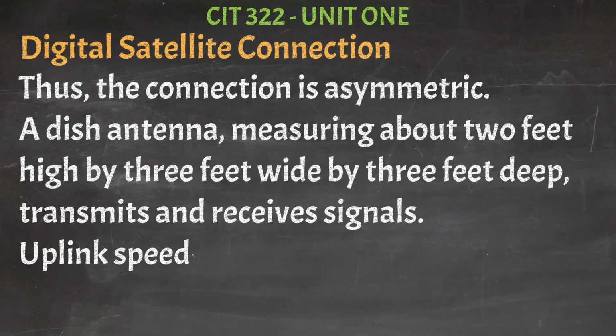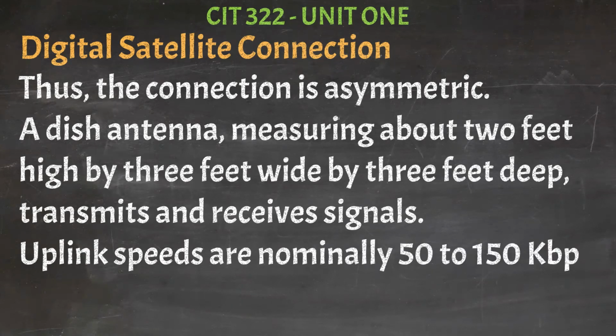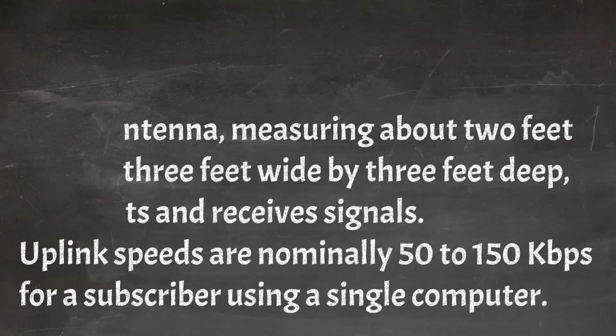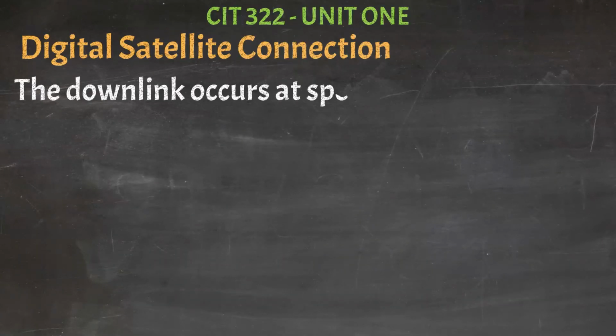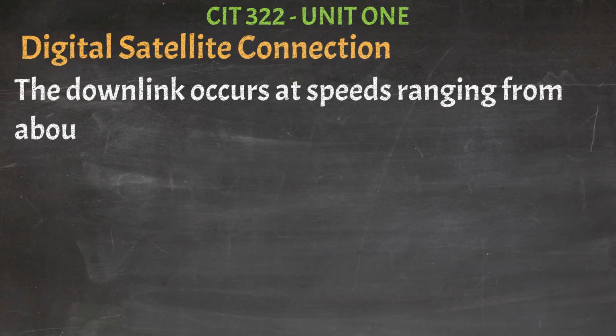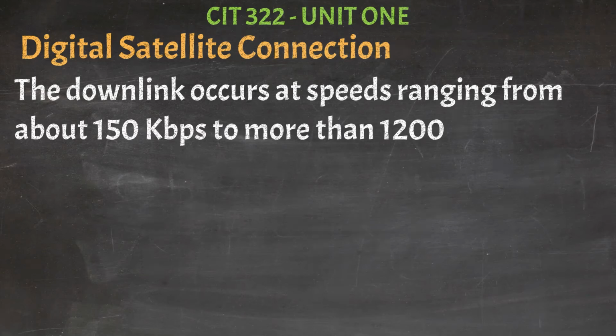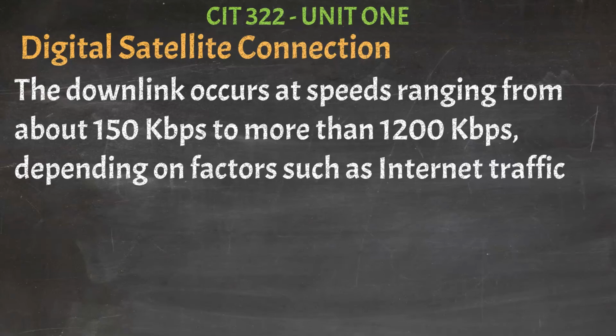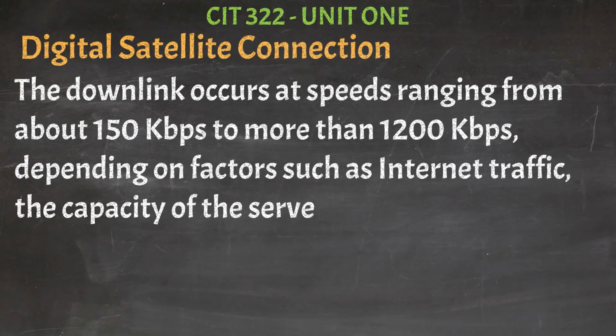Uplink speeds are nominally 50 to 150 kilobits per second for a subscriber using a single computer. The downlink occurs at speeds ranging from about 150 kilobits per second to more than 1,200 kilobits per second, depending on factors such as internet traffic and the capacity of the server.